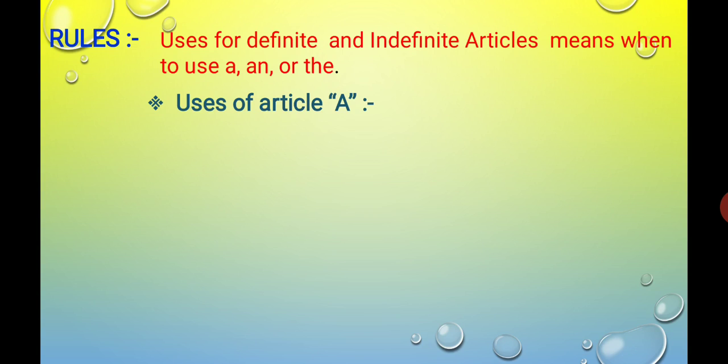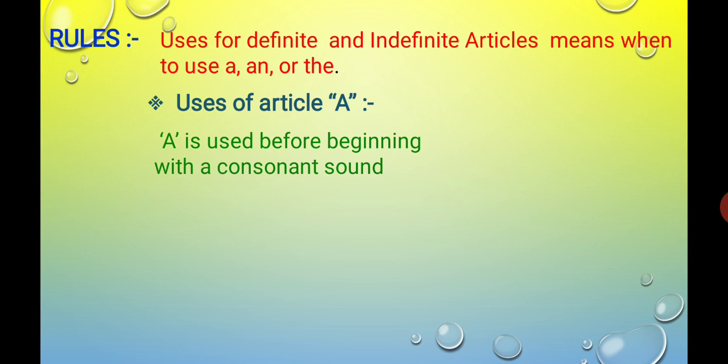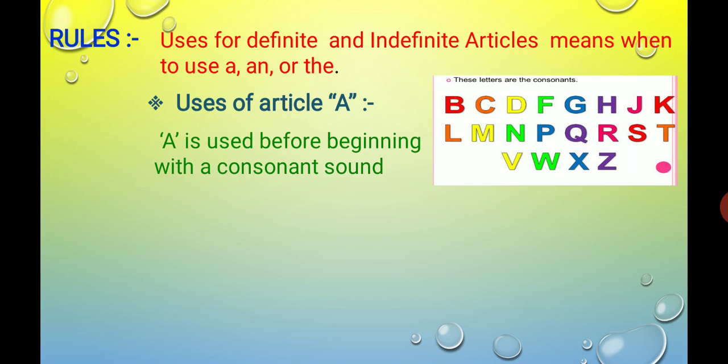You generally know the basic rule of articles. When we use A and when we use AN is the first, very basic rule. Let's start from the very basic rule. And the rule is A is used before a word beginning with a consonant sound. You know how many consonants there are in our English alphabet? Yes. Let's see. I have given the picture here.